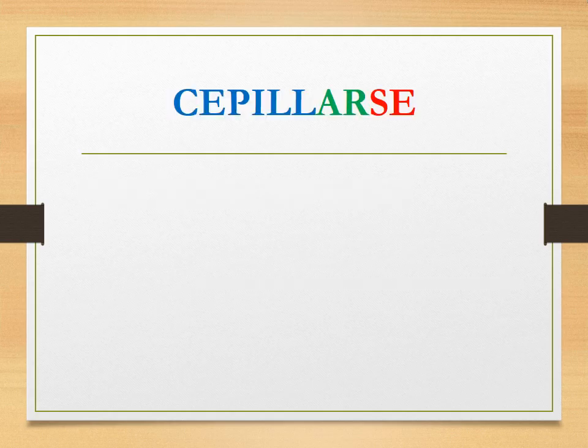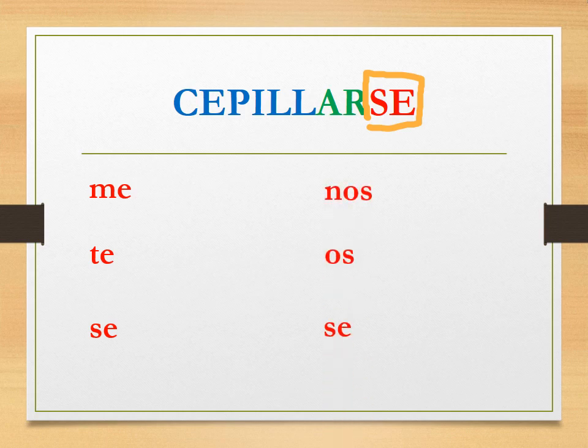Let's do some more. Cepillarse means to brush oneself. Brush your hair, brush your teeth. That's what cepillarse means. So step 1, this se goes to me, te, se, nos, os, se. Step 2, cepillarse, it's an AR verb. So I'm going to put cepill, the blue part in all of my boxes, that's my stem.